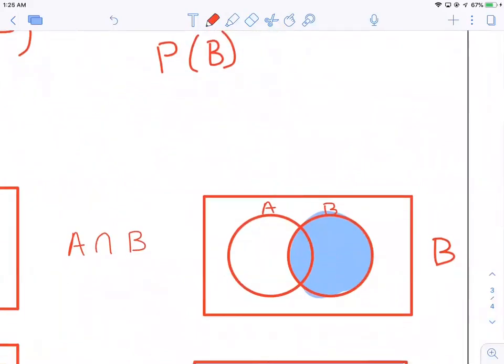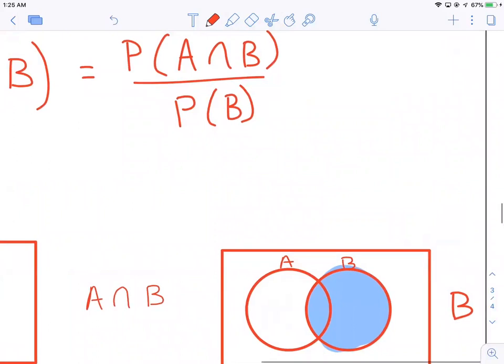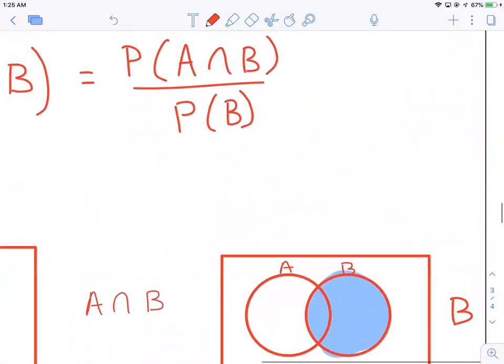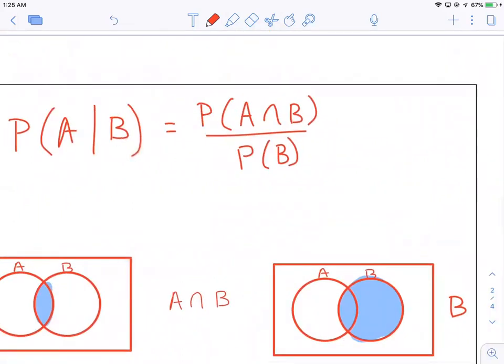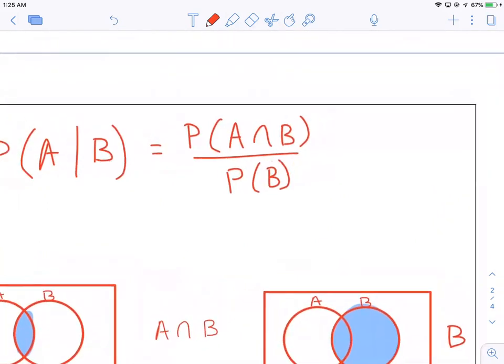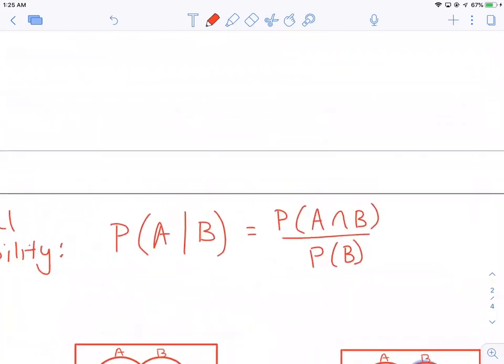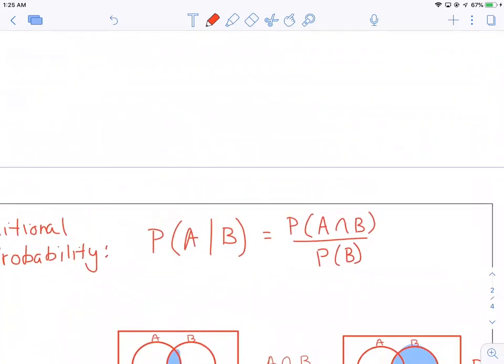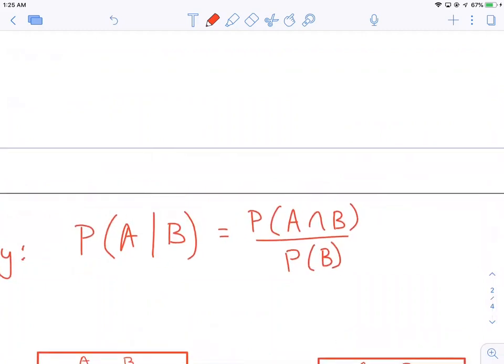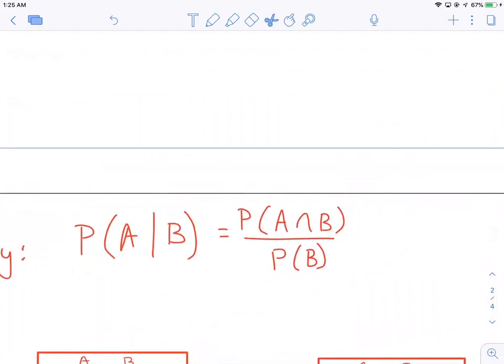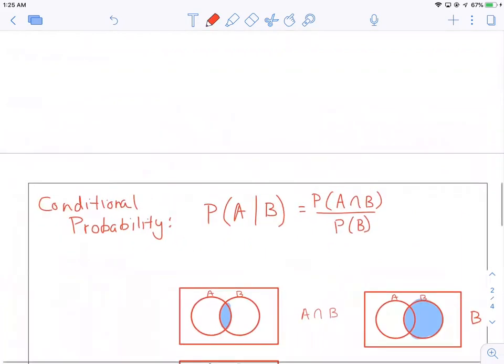Is there anything else I want to say about that? No, I guess that's pretty much it. So it does not matter whether you're dealing with frequencies, probabilities, or relative frequencies. This formula still holds up.